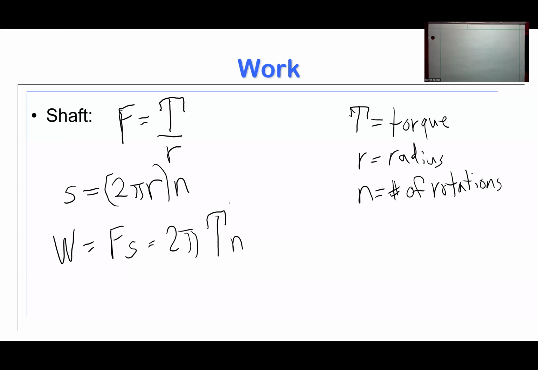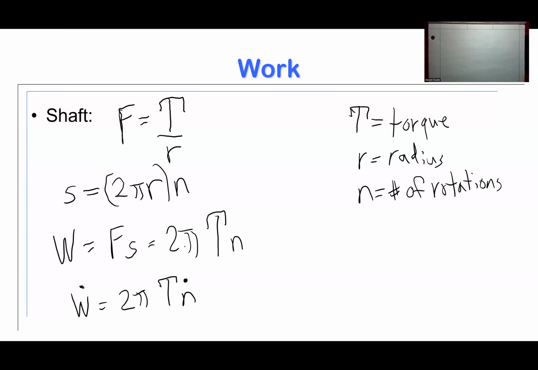And if it's rotating at a specific rate, or you want to know the rate at which work is being done, that's pretty simple. That's 2 pi times the torque times the rate of rotation, N dot. RPMs, rotations per minute, is a way of measuring N dot, basically.